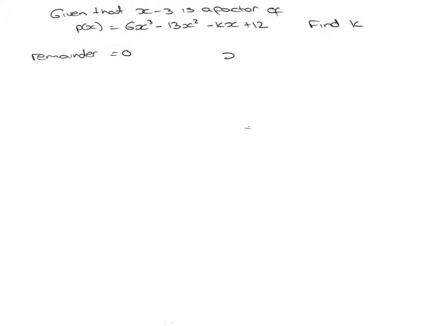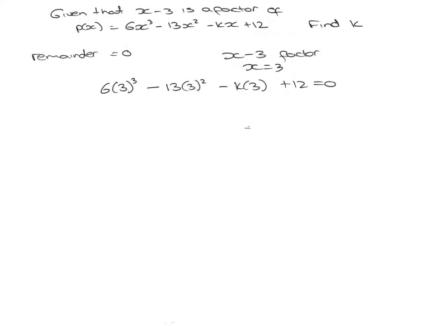So if x minus 3 is a factor, then we're going to substitute in x equals 3. And we know we should get 0 because it's a factor. So 6 times 3 cubed minus 13 times 3 squared minus k times 3 plus 12 should give us 0.